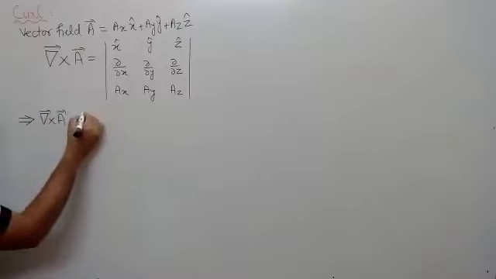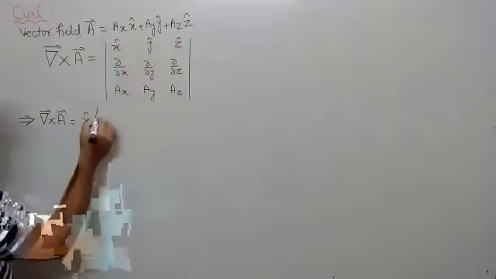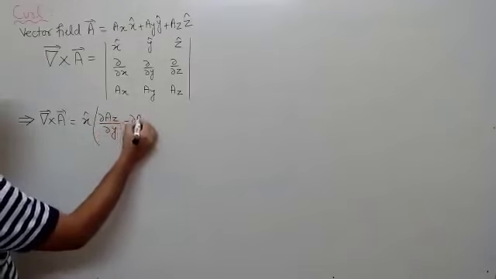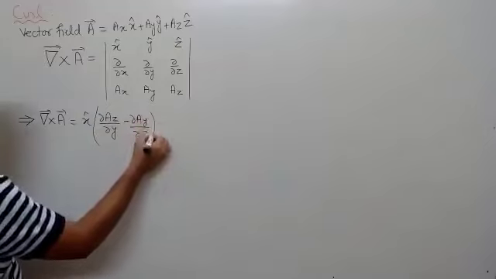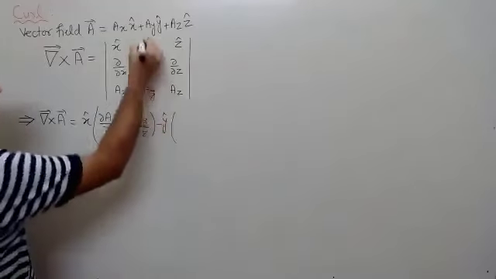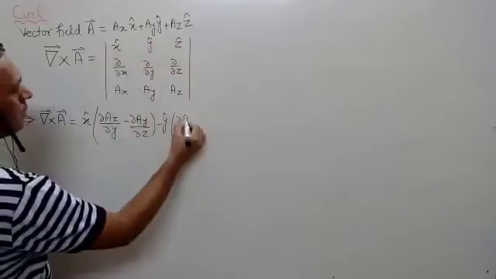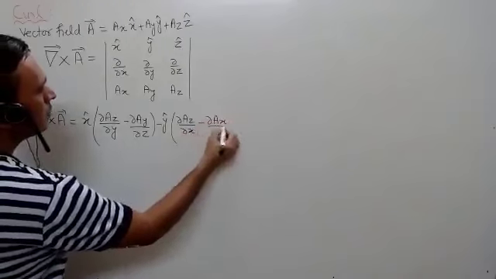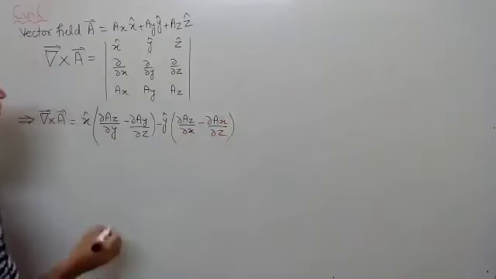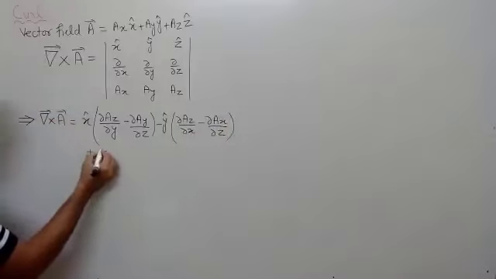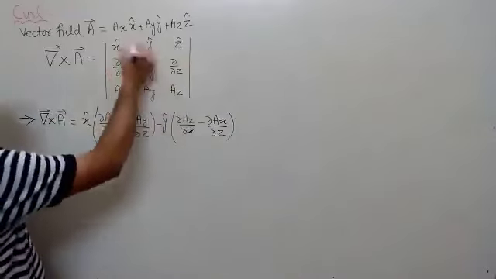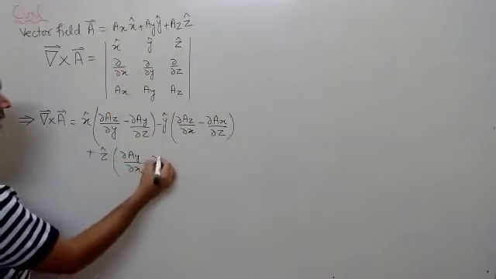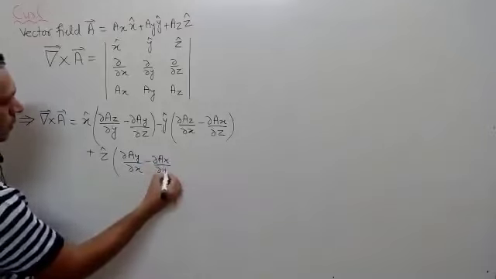Curl of A, so the x cap component is del Az by del y minus del Ay by del z, minus y cap, and then the z cap component is given by del Ay by del x minus del Ax by del y.